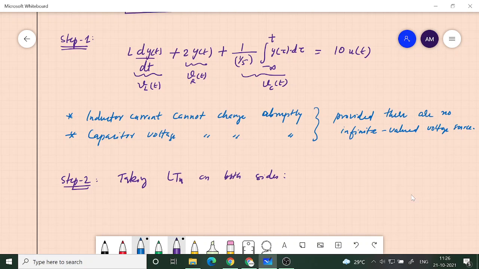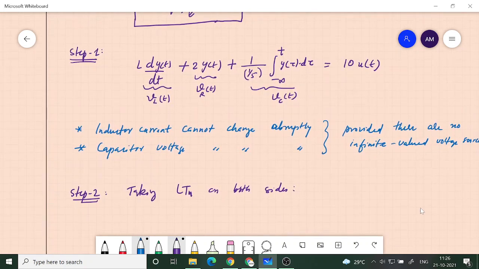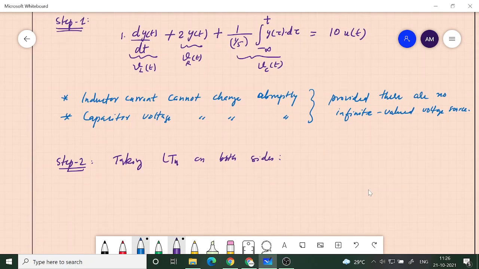Now let's substitute the value of L. L was 1, so the inductor was 1 Henry. When you take the Laplace transform, what is the first term? s y of s minus y of 0 minus, that's a property.